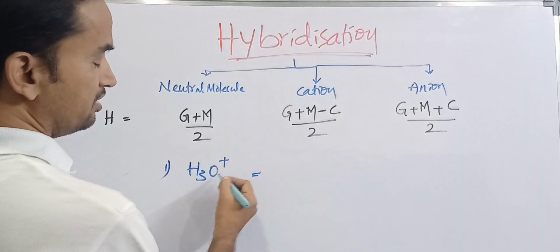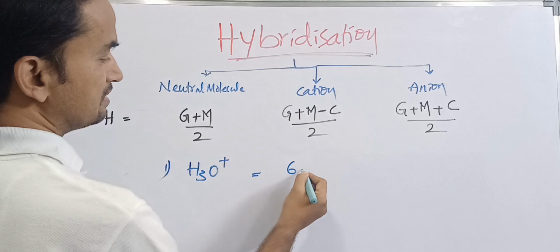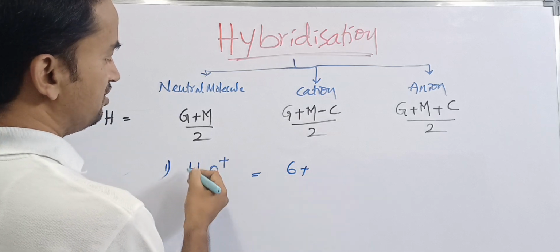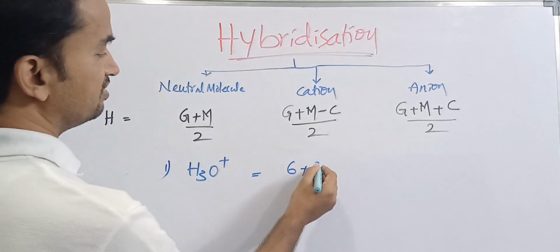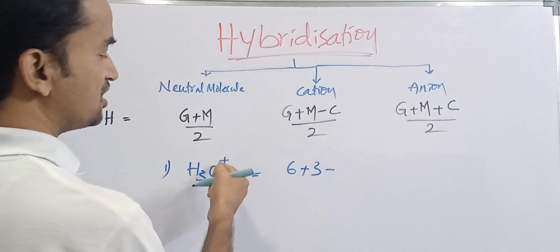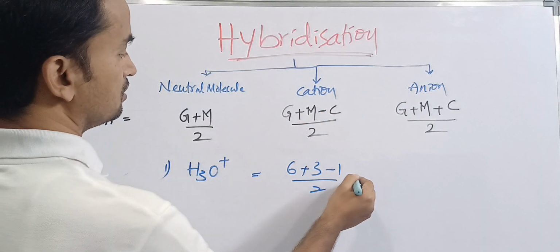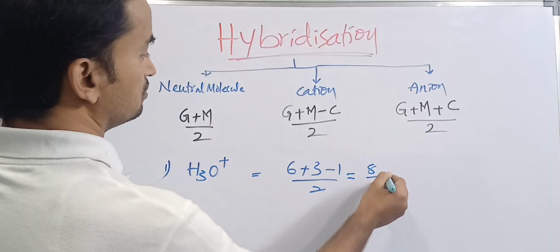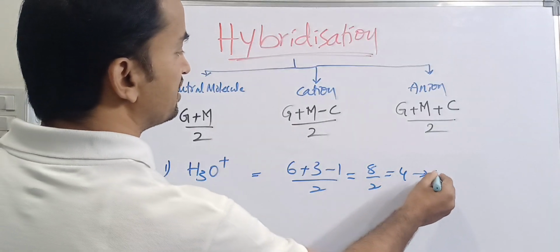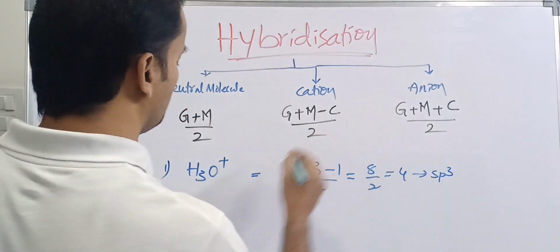So here oxygen belongs to 6th group, plus number of monovalent atoms, how many are there? 3, minus charge, that is 1 unit charge, divided by 2. So you'll be getting 8 by 2, that means 4, hybridization is sp3.